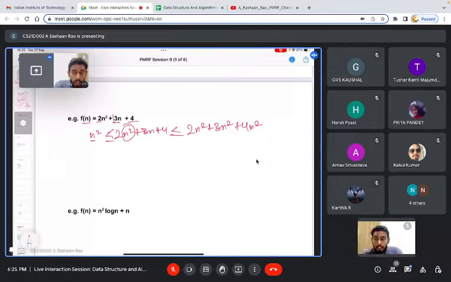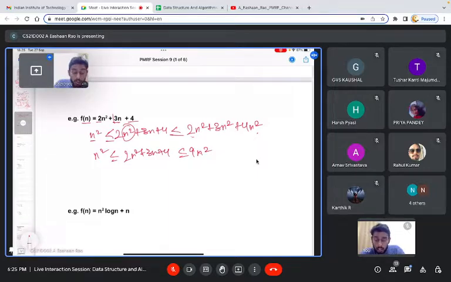So you always have to keep in mind how we can make a lower bound and how we can identify the upper bound. For the upper bound, you put the biggest term in place of the other terms also. So you can find that n^2 is less than 2n^2 + 3n + 4, which is less than 9n^2.